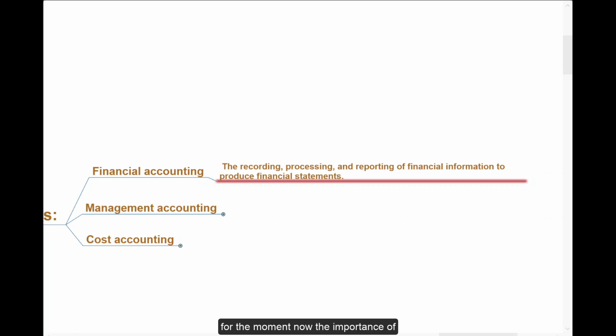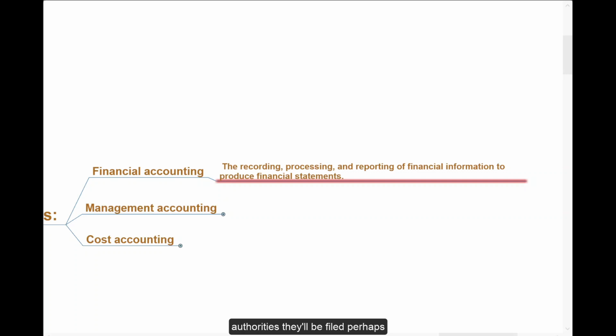Now, the importance of financial accounting is many and varied, in particular in relation to external users, but also internal as well, directors, management, etc. But let's think about it. Those financial statements invariably will be filed. They'll be filed with tax authorities.